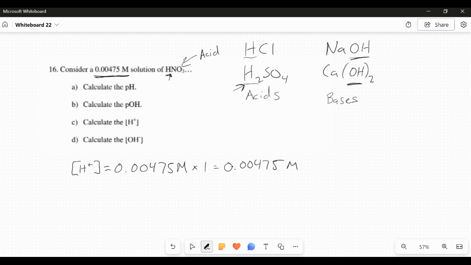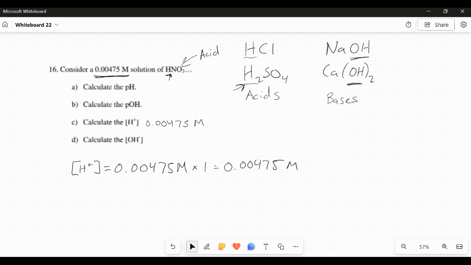So I'm going to put this answer next to C: 0.00475 molar. Now, from here, there's a bunch of different ways we can take this, but it really depends on which formulas we know and which ones we're most comfortable using.